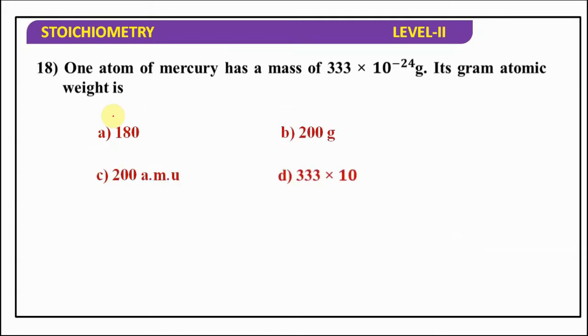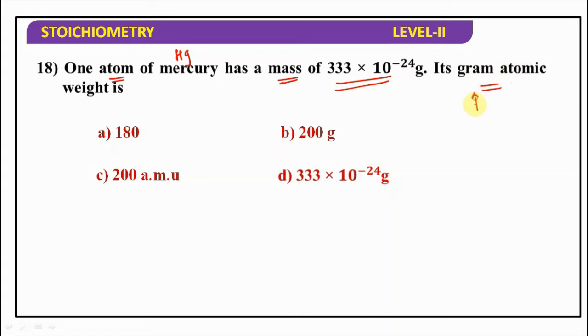Another question here. One atom of mercury has a mass of 333 into 10 to the power of minus 24 grams. Its gram atomic weight is?